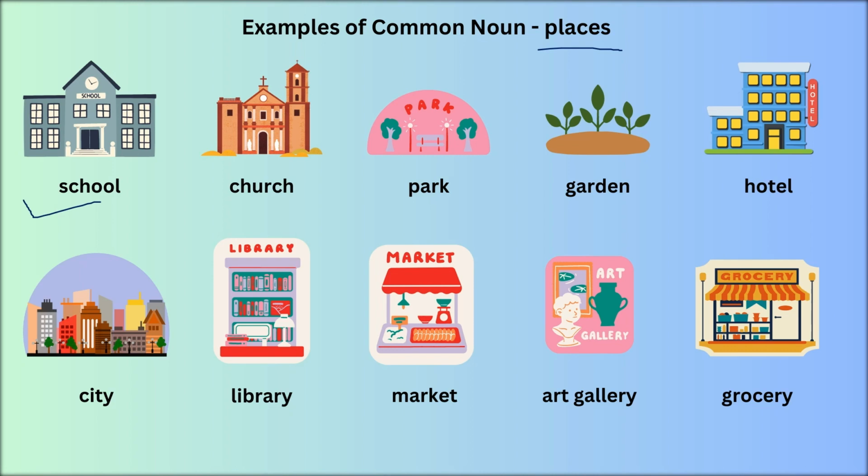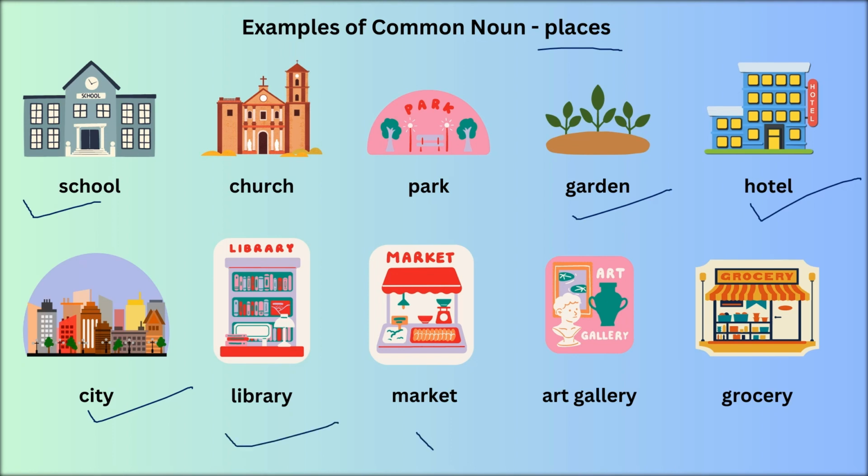It will be written in a very general way, like the school, the church, the park, the garden. Which garden we do not know, whether we are talking about the Hanging Gardens of Babylon, or our nearby garden. Hotel, city. Which city? It can be any city. I'm not using the name of a city. So without a name, if we just use the city, then city is a common noun.